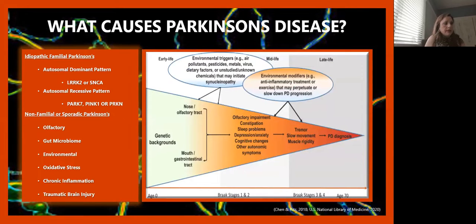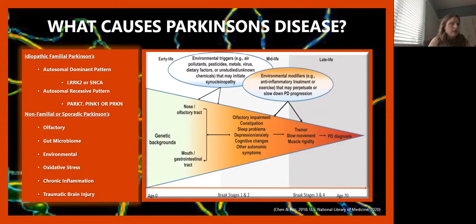So what causes it? Approximately 15% of people with Parkinson's disease have a family history of the disorder. In familial cases, the inheritance pattern differs depending on the gene that is altered. If the LRRK2 or SNCA gene is involved, this disorder is inherited in what's called an autosomal dominant pattern, which means one copy of the gene in each cell is sufficient to cause the disorder.